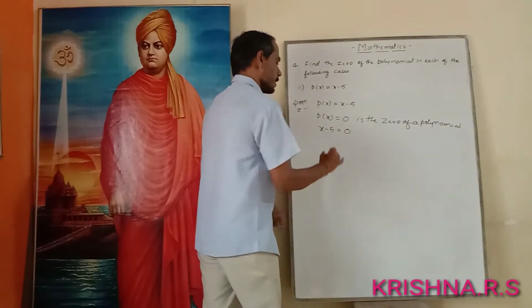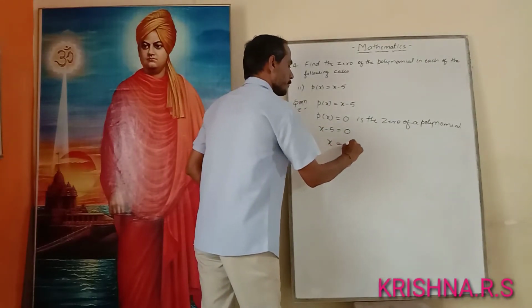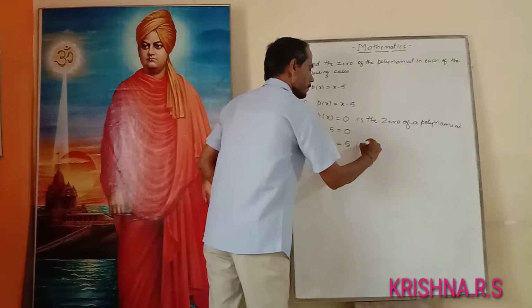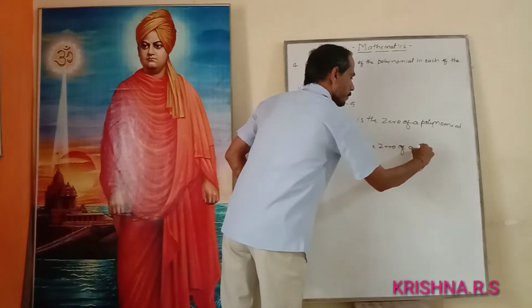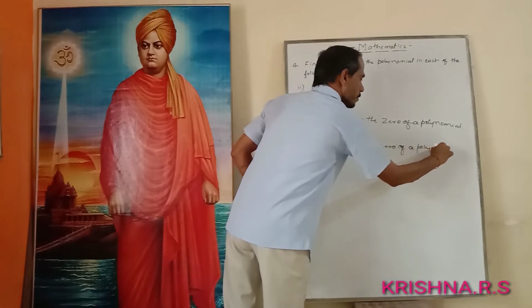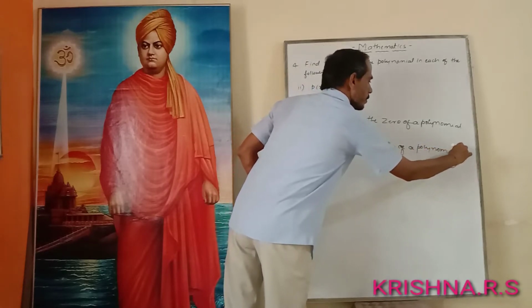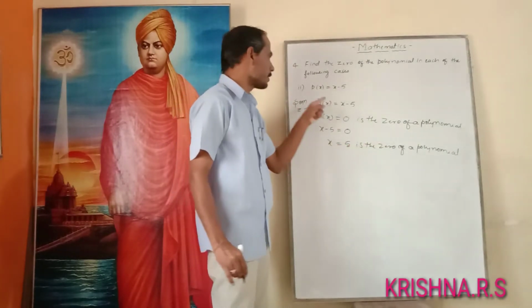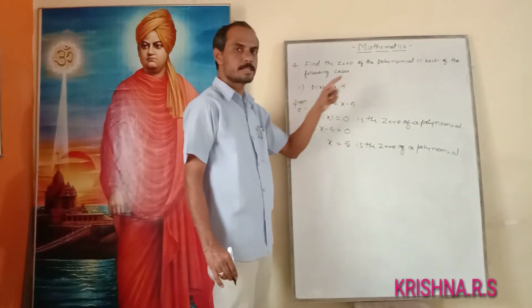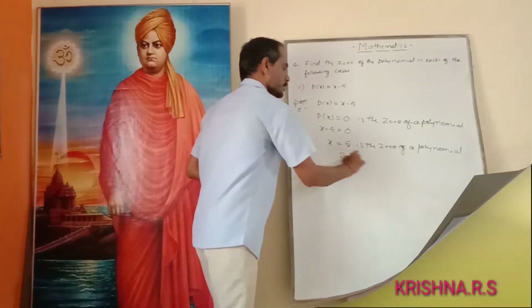Minus 5 goes to the other side, so x is equal to 5 is the zero of the polynomial for the question P of x equal to x minus 5. I hope you understood this one.